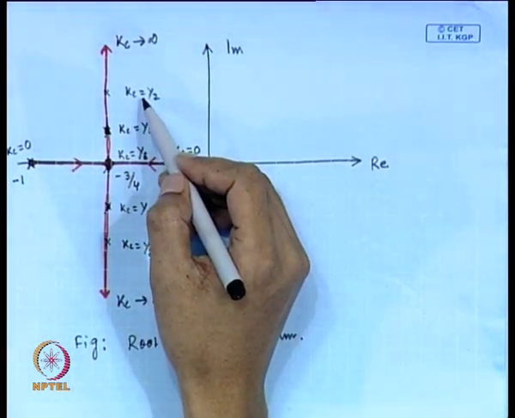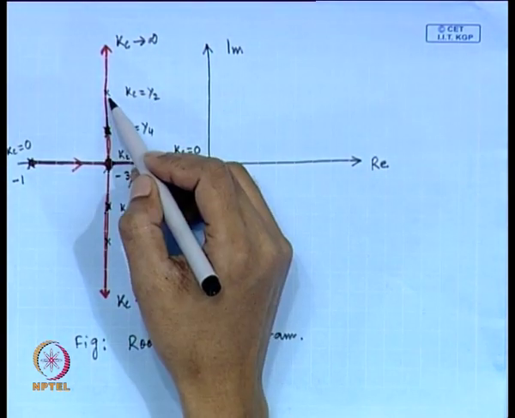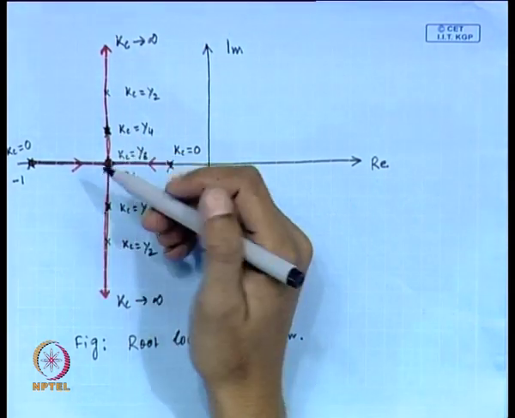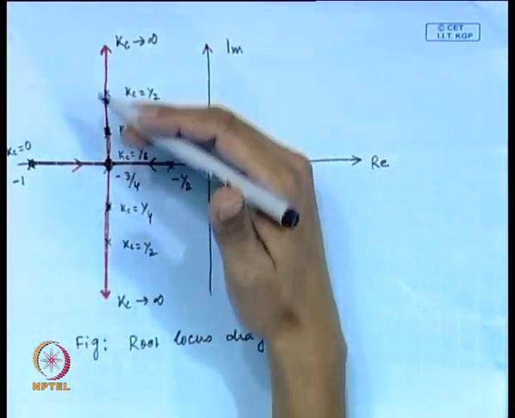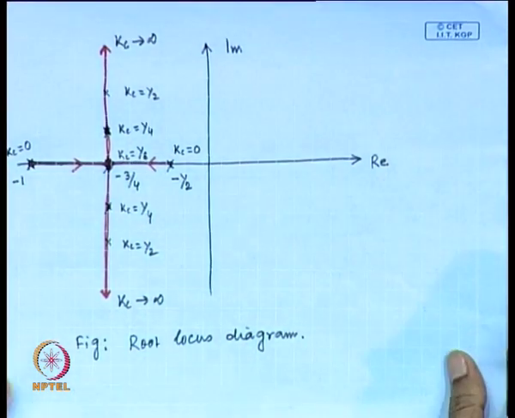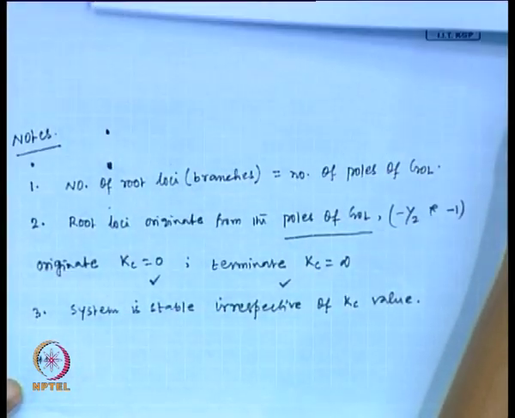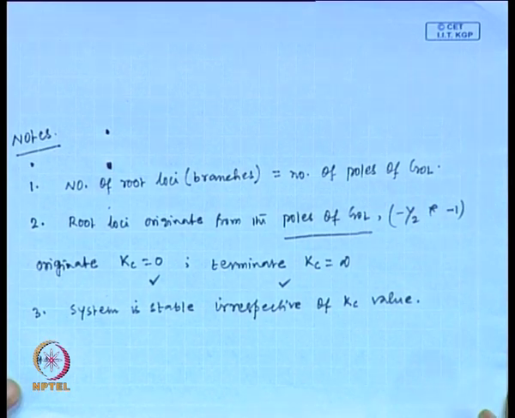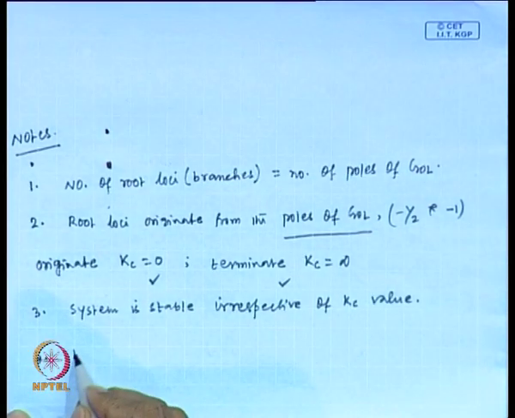If we increase to Kc equals half, the root is moving away from the real axis in both sides. What does it indicate? Oscillatory response.